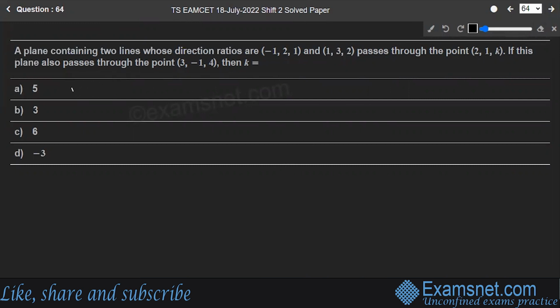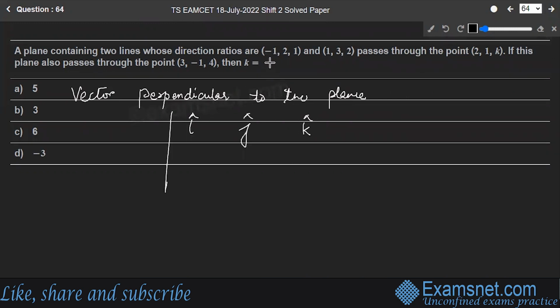All right. First of all, the vector perpendicular to the plane will be given by the determinant of i, j, k, and the rows from the given points.